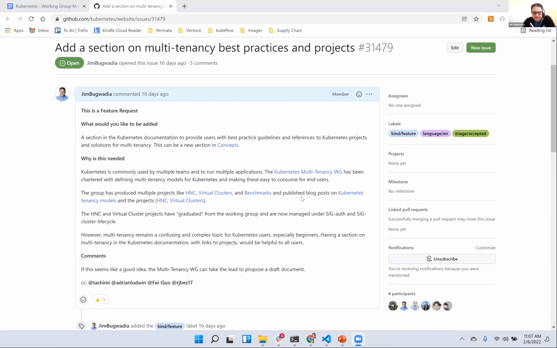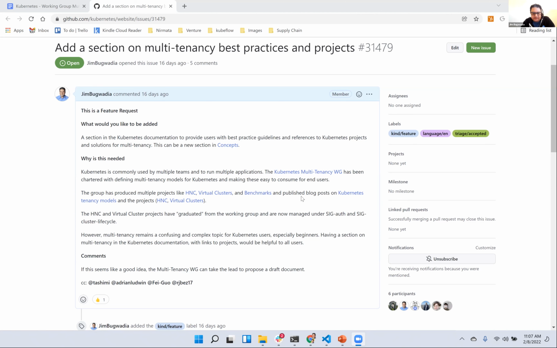The general feeling was there's still a lot of interest, and still a lot of questions around multi-tenancy, especially for new users to Kubernetes. And although there are several tools now available, there's perhaps a lack of guidance in the official docs on multi-tenancy.